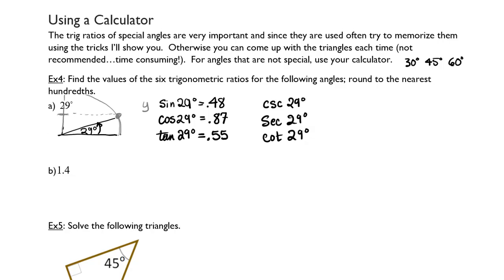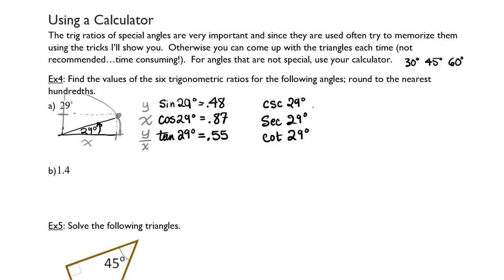For cosine of 29 degrees, I'm very, very close to 1 in the x direction. And for tangent, if I take y over x, 0.48 divided by 0.87, I'm going to get something very close to 1/2. Remember that tangent is like y over x.